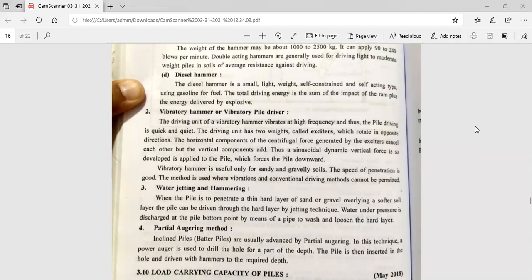The sinusoidal dynamic vertical force so developed is applied to the pile, which forces the pile downward. This type of hammer is useful only for sandy and gravelly soil. The speed of penetration is good. The method is used where vibration and conventional driving methods cannot be permitted.